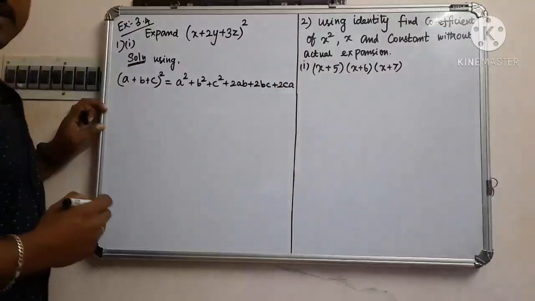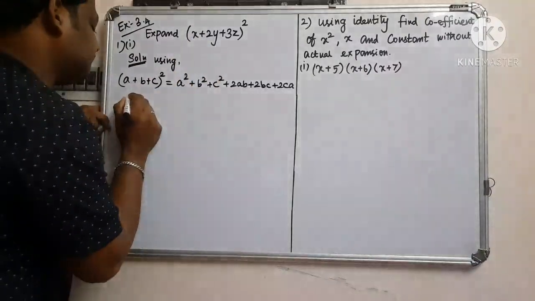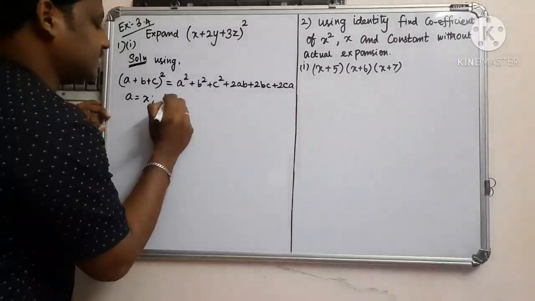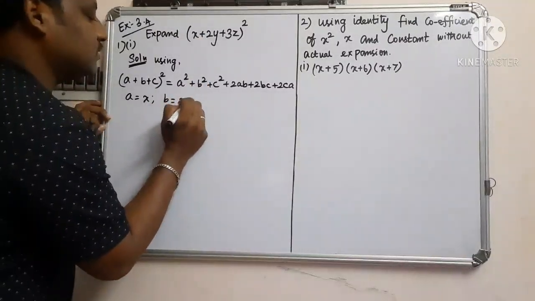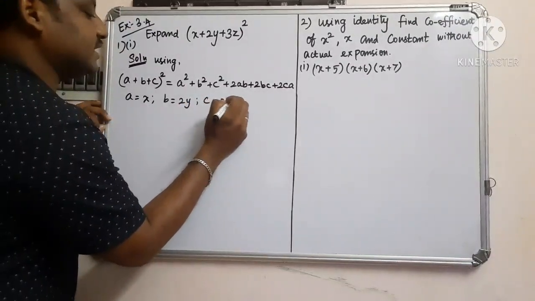So this is the formula we are going to use. So here a is equal to x, b is equal to 2y, and c is equal to 3z.